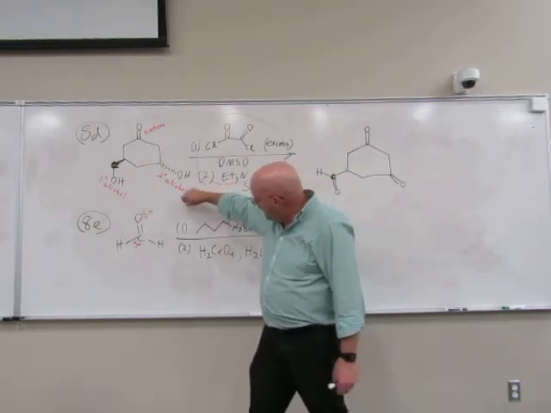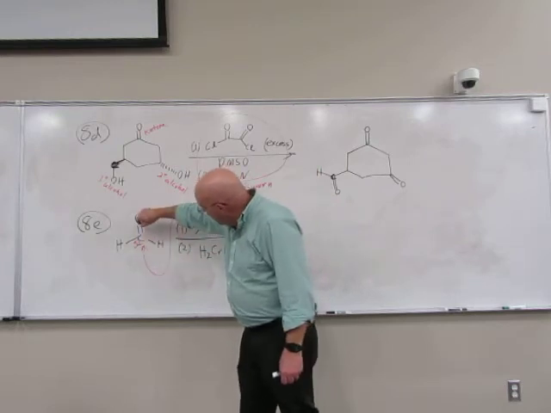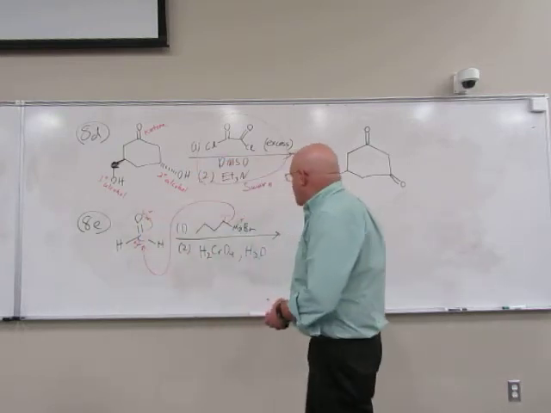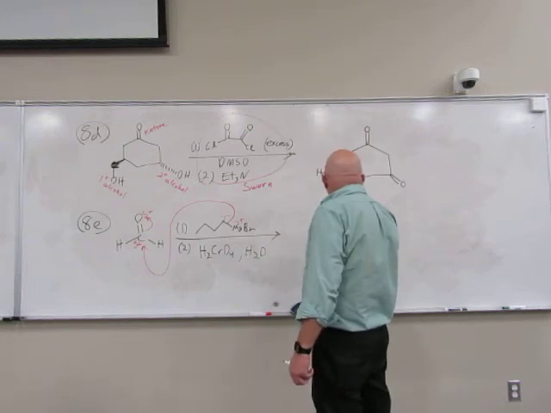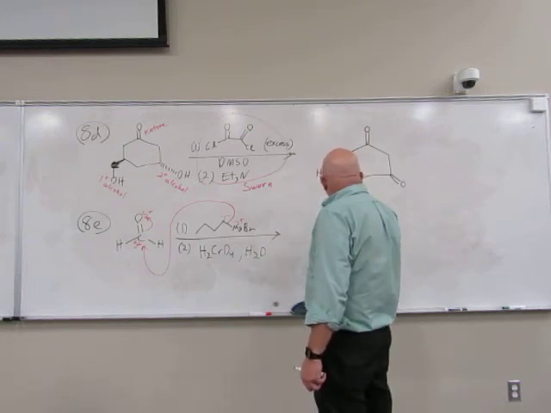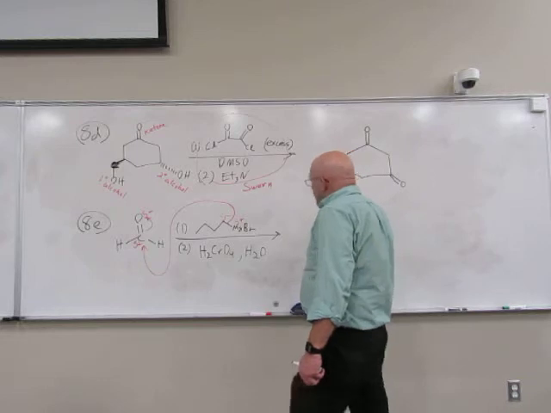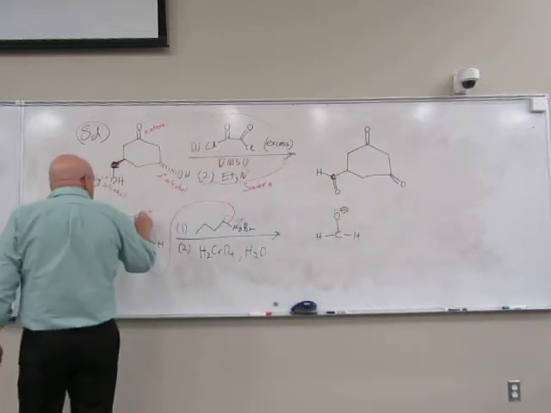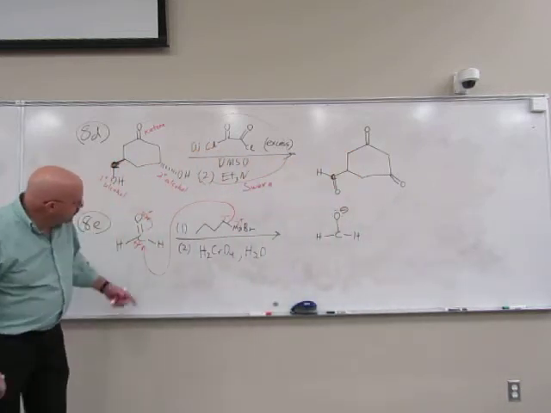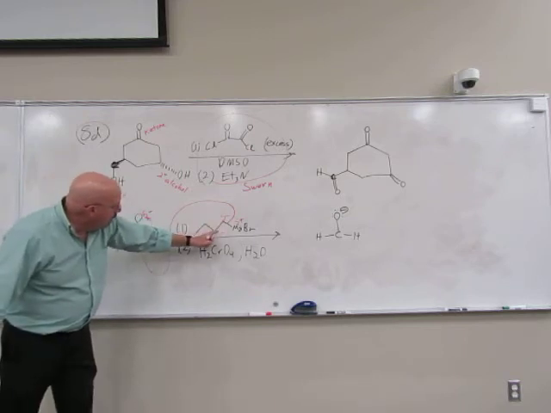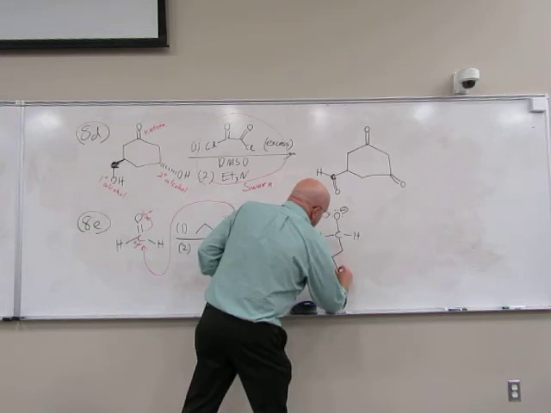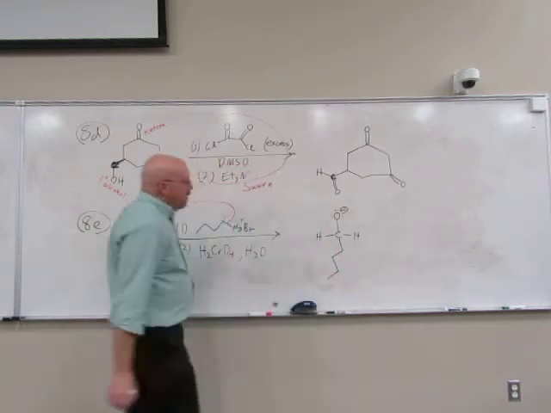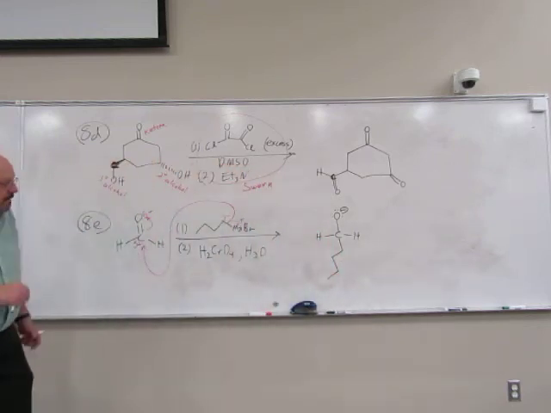This is coming and attacking the carbonyl, and we kick the electrons up onto the oxygen. Two lone pairs, now there's three lone pairs if you want to show that. Let's see, we got 1, 2, 3, 4 carbons there, so got to have 4 carbons hanging off. Okay, there we go. So there's our product after the first step.